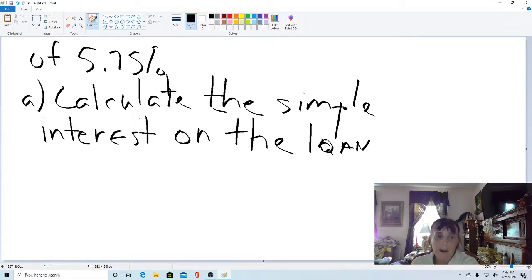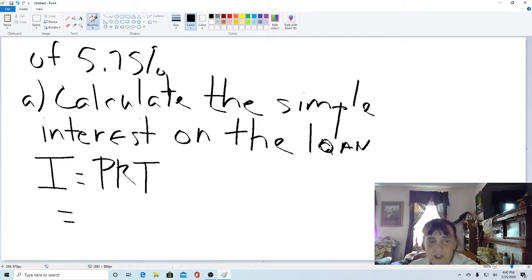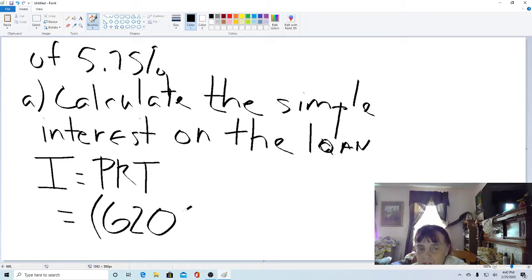Okay, now I equals P R T, which is the amount she borrowed, which is $6,200, times the interest rate.